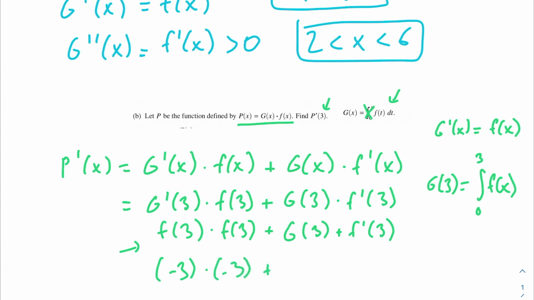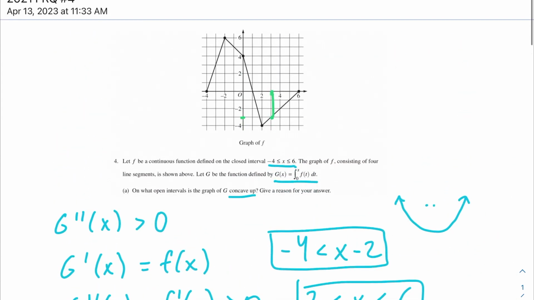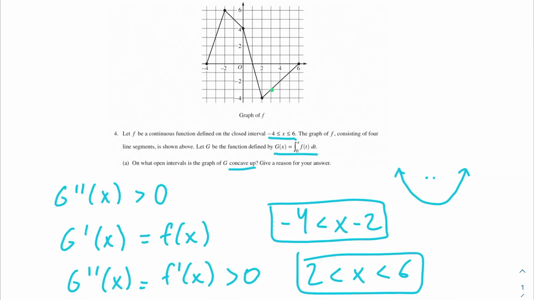And then to find g of 3, we're going to be taking the area under the curve from 0 to 3 of f of x. So find where 0 is, find where 3 is, and then we want to take the area under the curve, so that would be this area here. So something you might notice is that these two skinny triangles are going to cancel each other out.